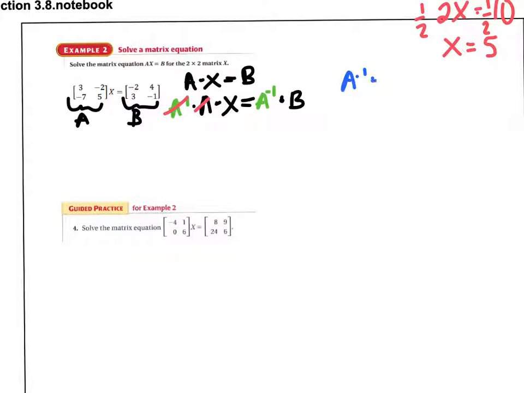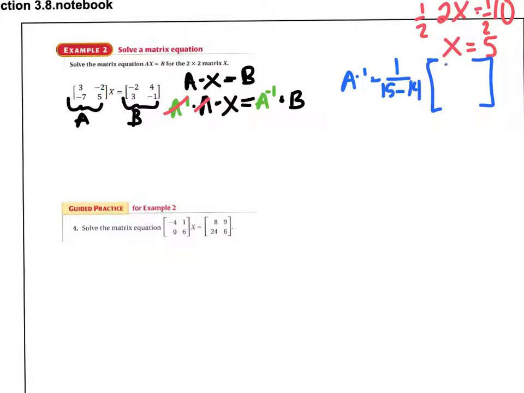So A inverse, if you recall, is 1 over the determinant of A. The determinant of A is 3 times 5, which is 15, minus negative 7 times negative 2, which is 14, so the determinant is 1, which is a very nice number to have. And then you rearrange things in your matrix.